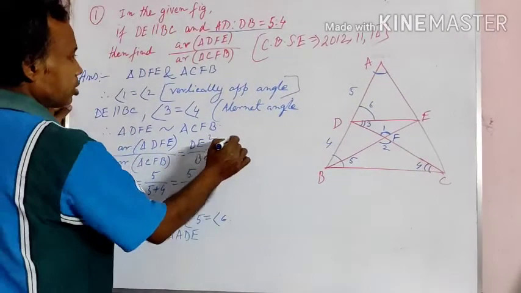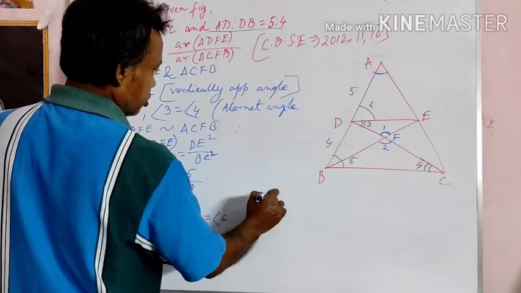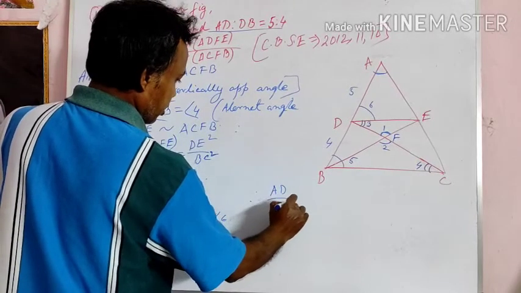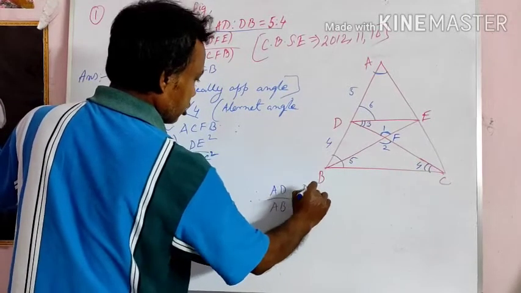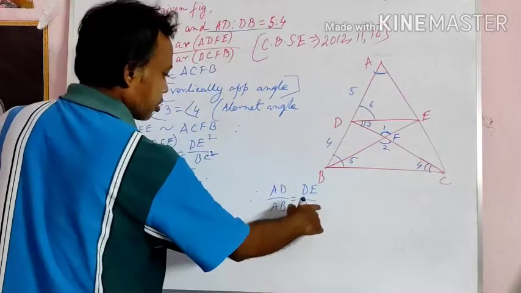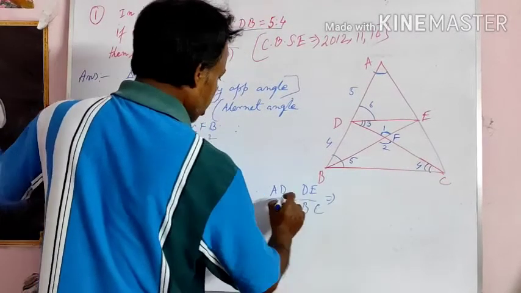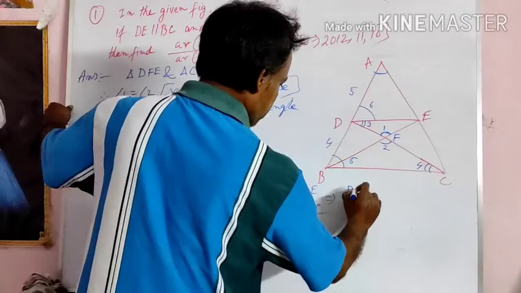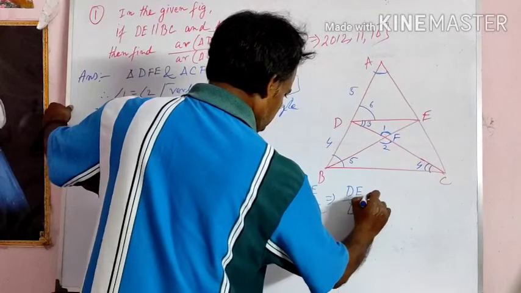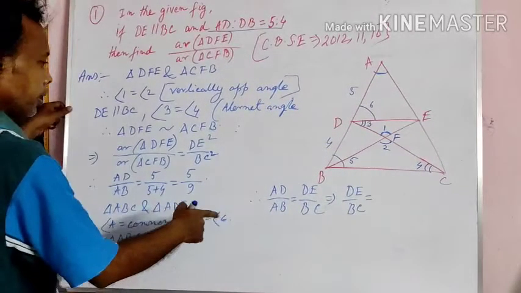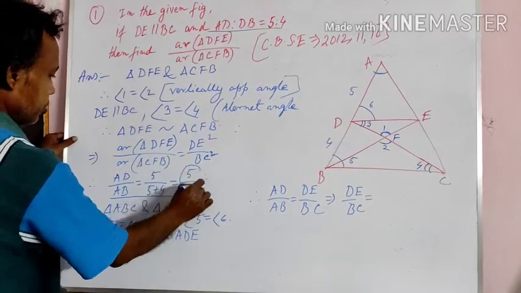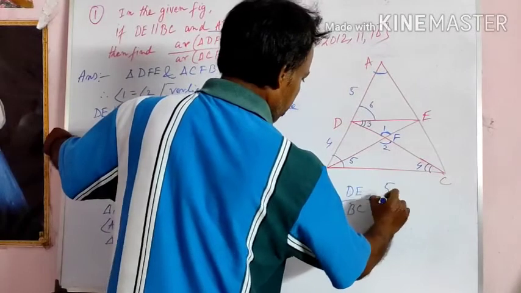Since they are similar, therefore we can write AD by AB is equal to DE by BC. Again, DE by BC is equal to AD by AB is equal to 5 by 9.